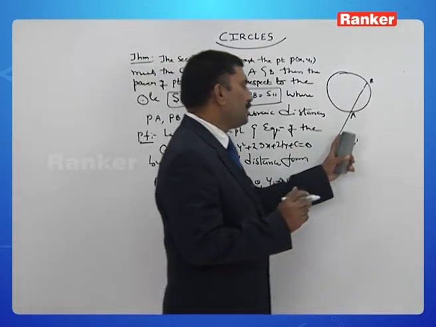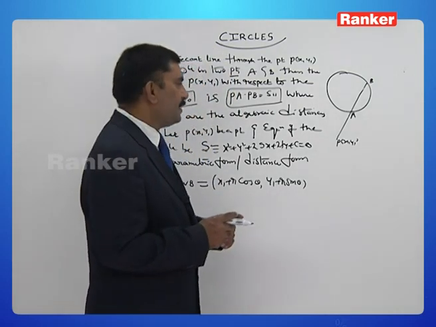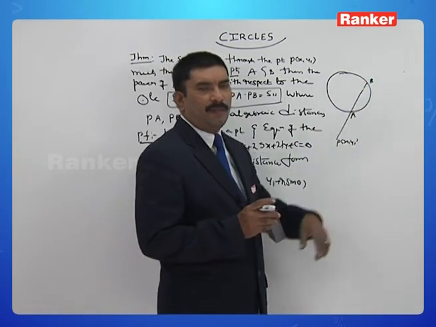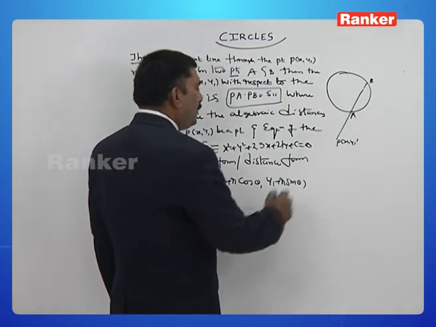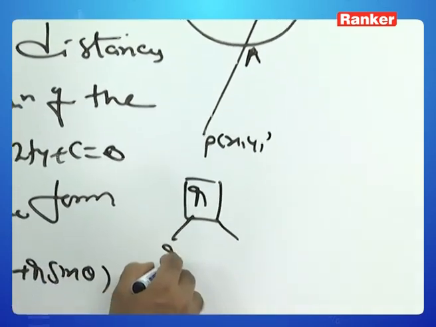Theta is the inclination of this line. What is r? R is the distance from what? P to A and B. So therefore, I call it as r has two roots, that is r1 and r2.